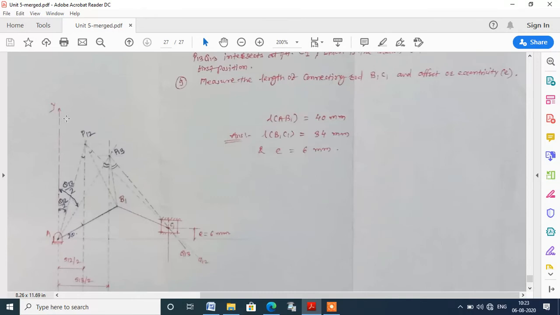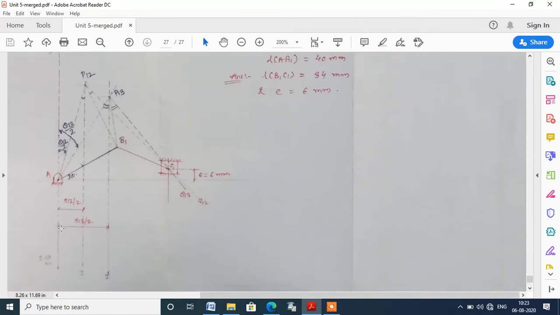Similarly, take the angle in the reverse direction from YA1, that is theta 13 divided by 2. In our case it is given as 60 degrees, so 60 divided by 2 is 30 degrees. Take a 30 degree angle and draw a dotted line from A. Then from AY take S13 divided by 2 distance, that is 60 mm divided by 2, which is 30 mm.